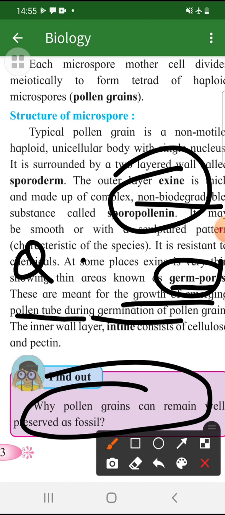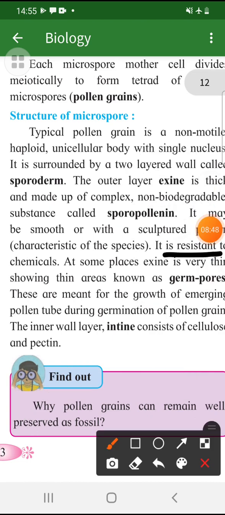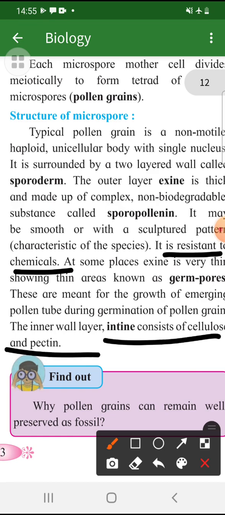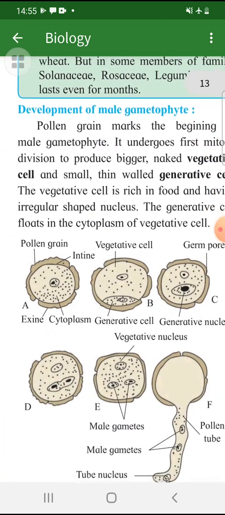Because the outer layer is non-biodegradable, made up of sporopollenin, and it is resistant to chemical, right? And what is the inner layer made up of? The intine is made up of cellulose and pectin. Let's go to the next one.